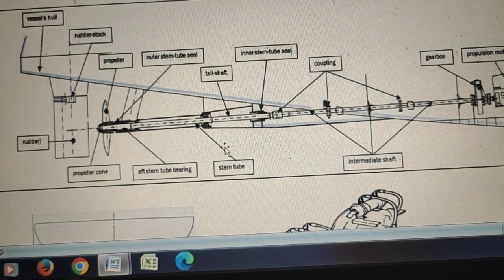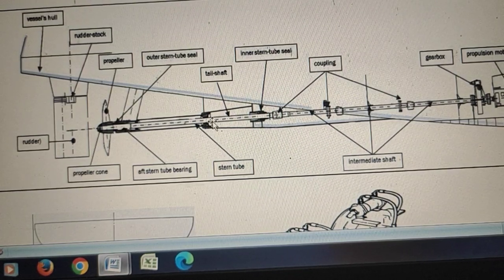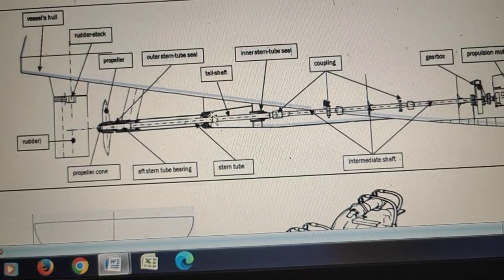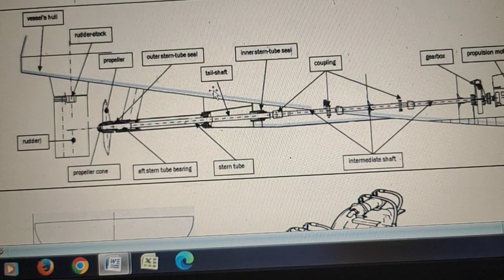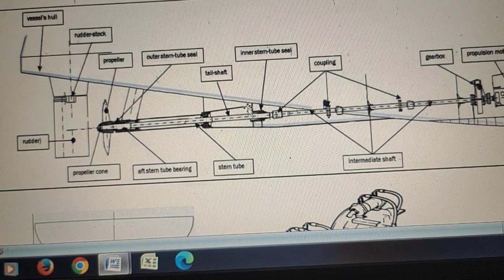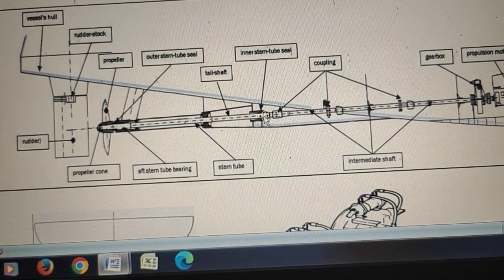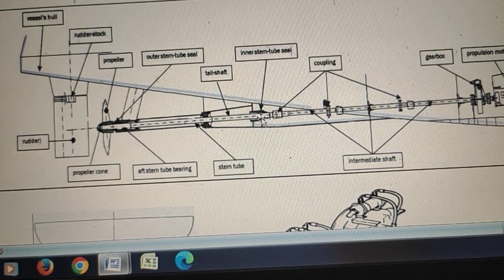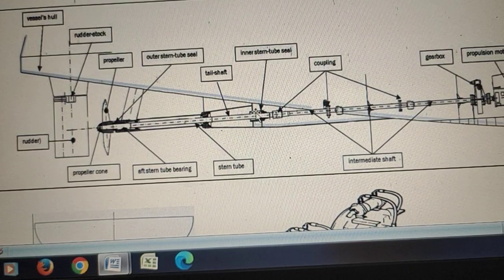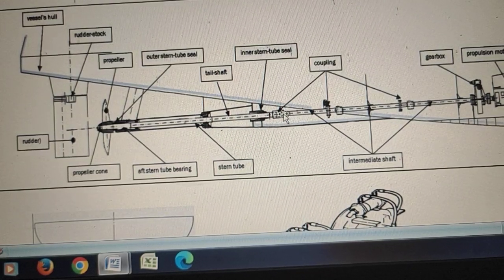This is a twin screw arrangement, where the propeller is not at the middle, at the center line, but at the side. So we have the tail shaft, the stern tube, the inner stern tube, the seal that seals water from entering into the hull.